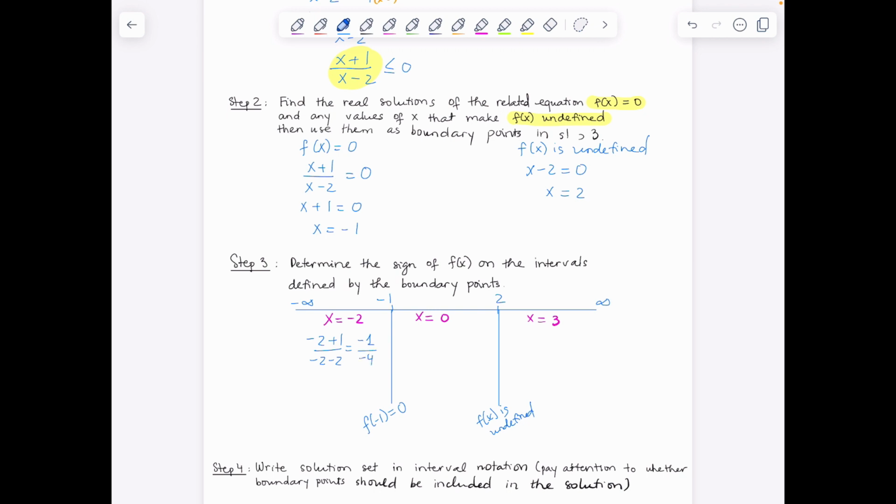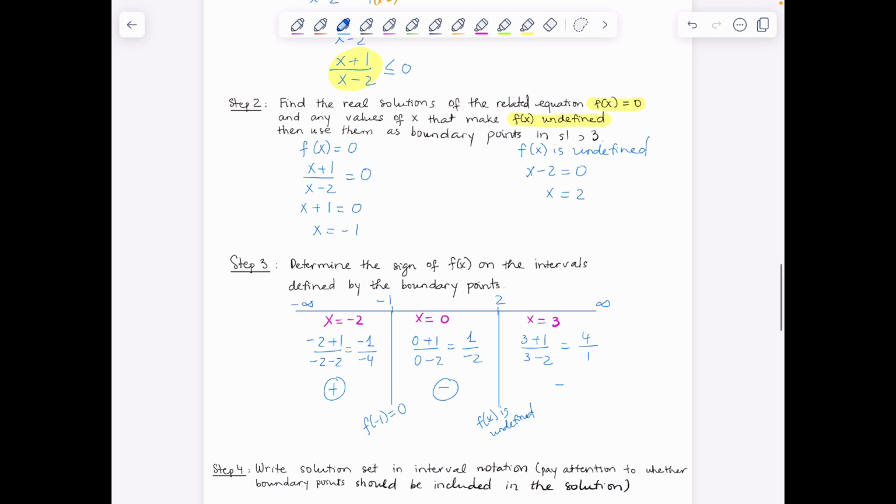So a negative divided by a negative should give us a positive. Next, 0 plus 1 over 0 minus 2. That's positive 1 over negative 2. That will result in a negative. X is equal to 3. 3 plus 1 over 3 minus 2. That's a positive 4 over positive 1. So that will result in a positive as well.